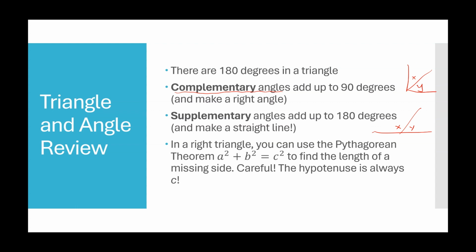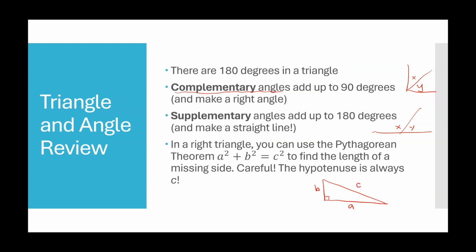In a right triangle, and a right triangle is one that has a right angle in it, the Pythagorean theorem tells us that the squares of the 2 sides added together is equal to the hypotenuse squared.